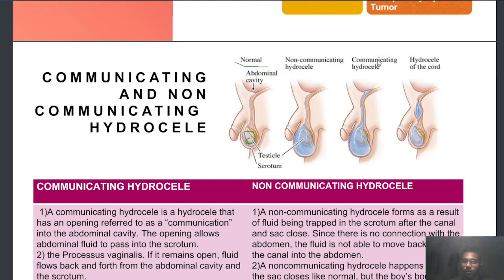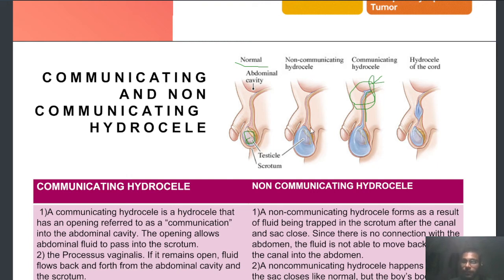In the communicating type of hydrocele, you can see that there is enlarged testes, but this enlargement is actually coming from the abdominal cavity. Just take a look at the part that I'm circling. The enlargement is coming from the abdominal cavity. There is patency of the processus vaginalis, which is making the scrotal sac swell up. It is the fluid and the contents coming from the abdominal cavity which are making it swell.